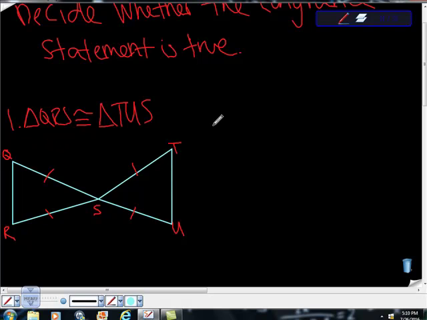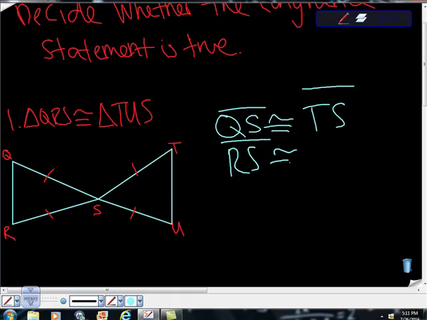We can say that side QS is congruent to side TS. You can also say that side RS is congruent to side US.